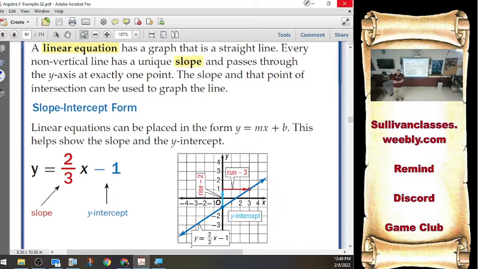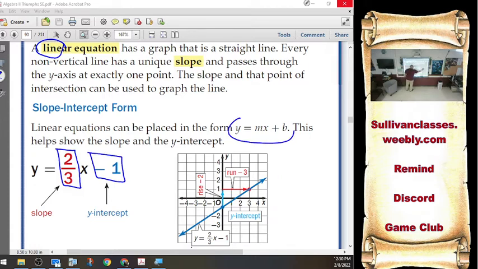Linear equation. You see the word right in there. Specifically, you're going to spend some time here on lines. You all learned this last year. Do you remember y equals mx plus b? You ask your parents what is algebra, and if they haven't touched algebra in 25 years, they'll probably say, oh, y equals mx plus b, because that's the only thing they remember because it was drilled into their retinas.